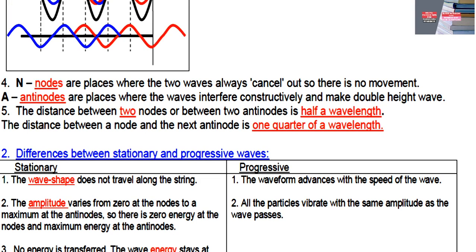All points within this region move in phase. All those between here move in phase. Here all points move in phase. So these points and these points are exactly 180 degrees out of phase. These and these are also 180 degrees, or pi radians, out of phase.